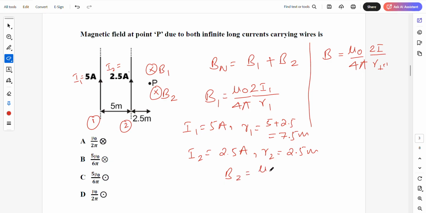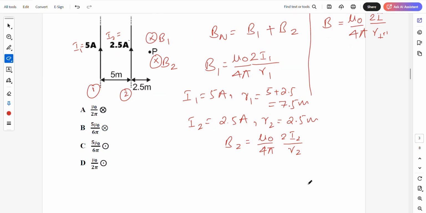B2 is equal to mu naught by 4 pi into 2I2 by R2. Which is common? If I write B net, I can take mu naught by 4 pi into 2 common, into I1 by R1 plus I2 by R2.